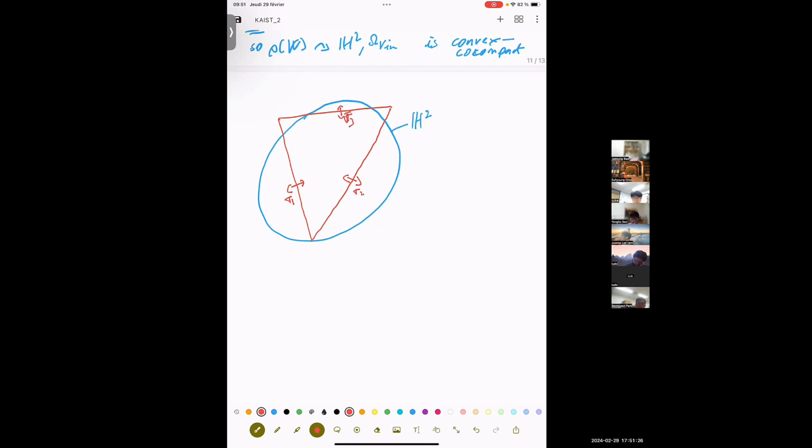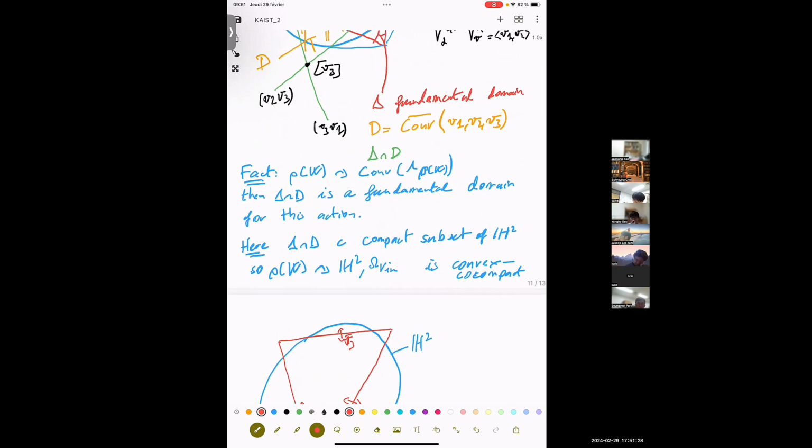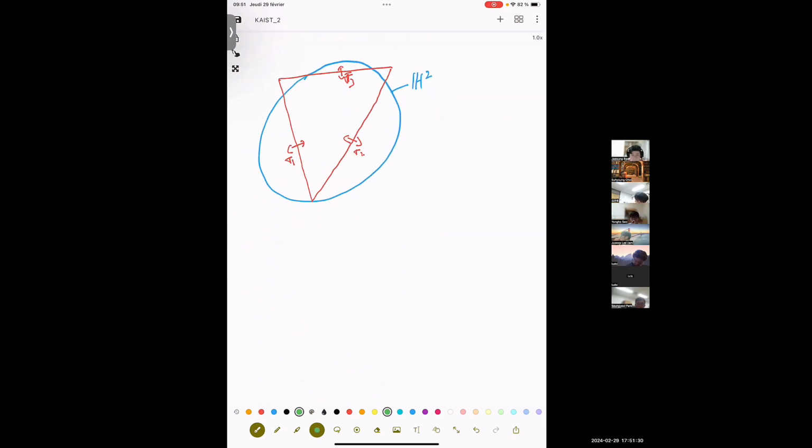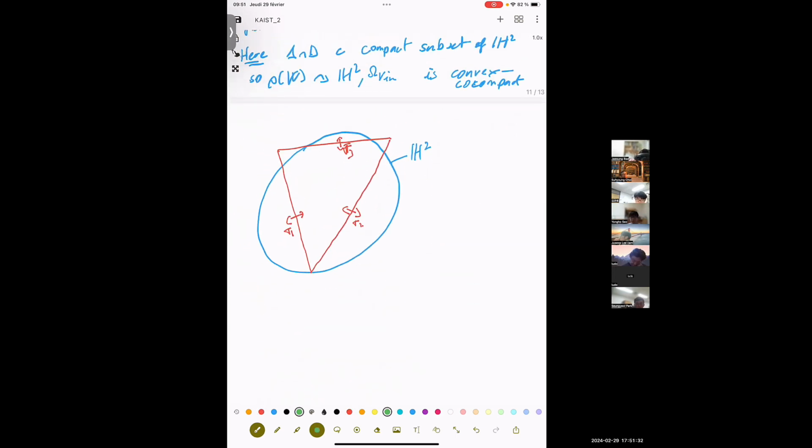Again, I put them in green. So there is a unique perpendicular to these 2 lines, sorry, it's badly drawn. And this point is on the boundary, so there is a unique tangent.